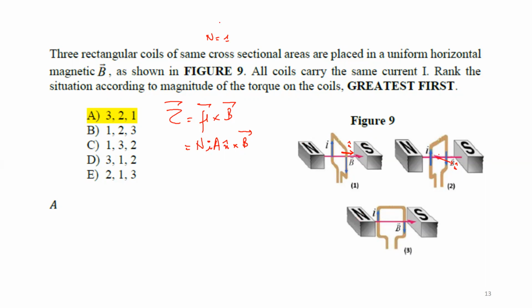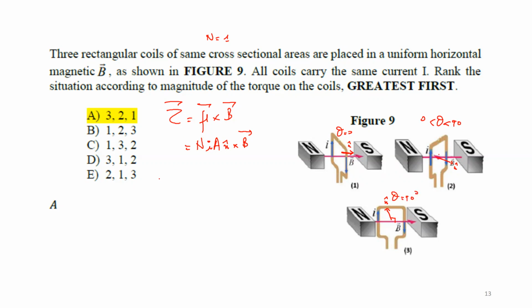You use the right-hand rule, you will notice that n is inward here. And you have 90 degrees between n and B. So here you have theta equal to 0, the angle between n and B. Here the angle is between 0 and 90 degrees, and here the angle theta is 90 degrees.